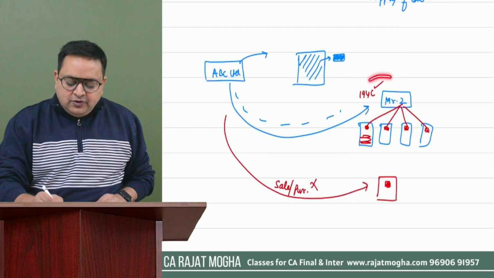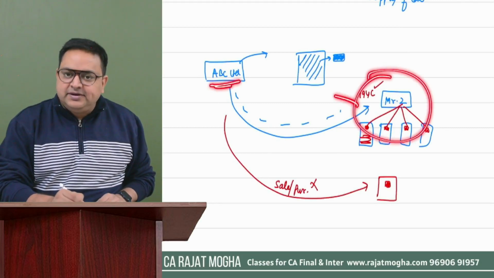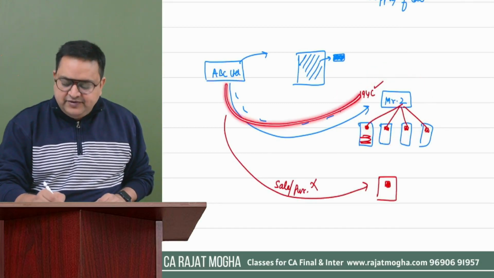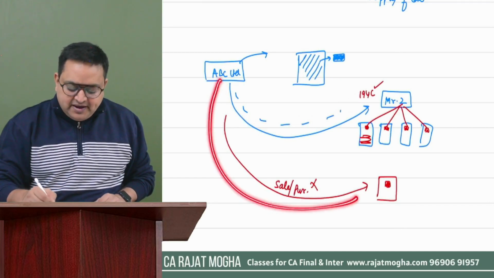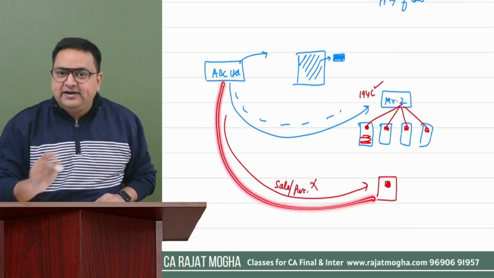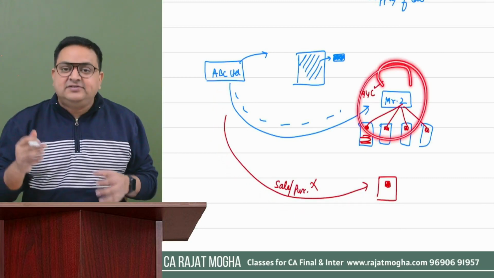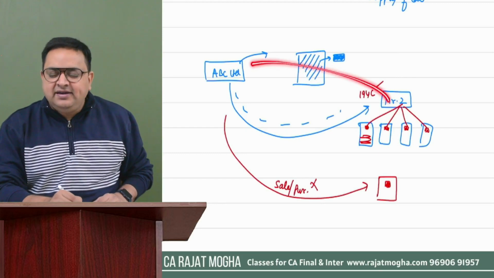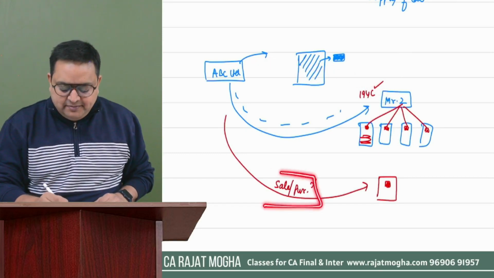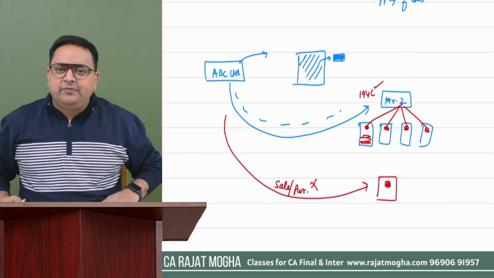If the raw material is supplied by the customer, then TDS will apply. But if the raw material is not supplied by the customer, and Z has arranged it himself and charges for the entire diary, this results in a sale and purchase transaction, and TDS will not be deducted.